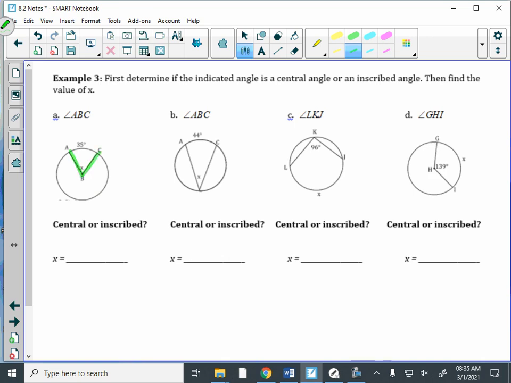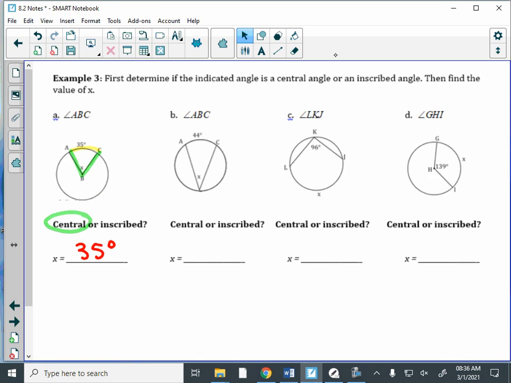We need to identify: is angle ABC central or inscribed? Central. It's on the center. What do we know about central angles and the arcs? They're the same. So if the arc's 35, what's the angle going to be? 35.